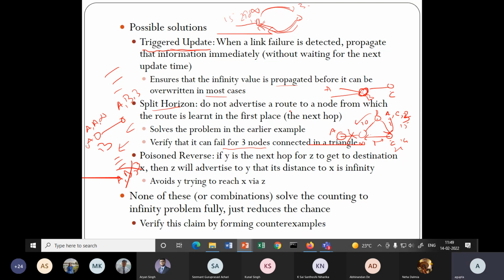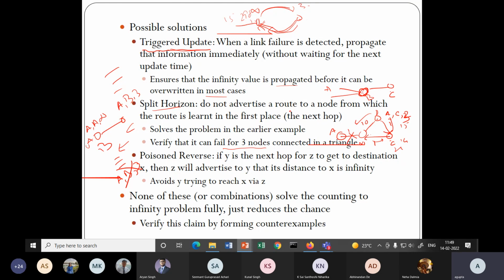Whereas Poisson reverse says, don't route through me because I'm telling you it's infinity, which is telling you explicitly that there is no route. So one is kind of keeping silent: I have not told you anything, so there is no route. The other is explicitly saying, I don't have a route.